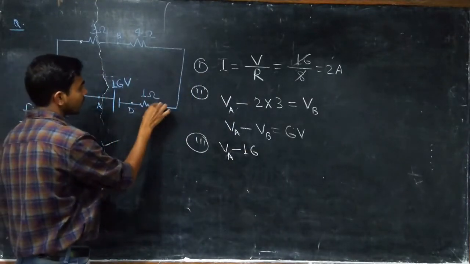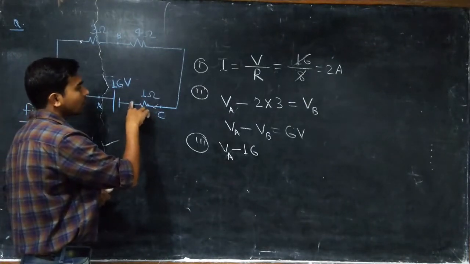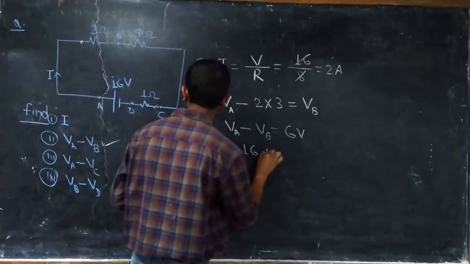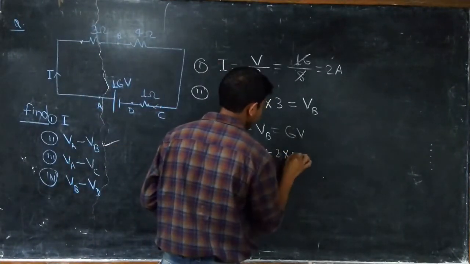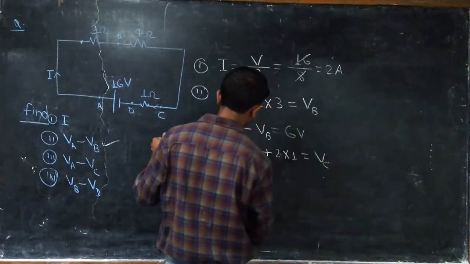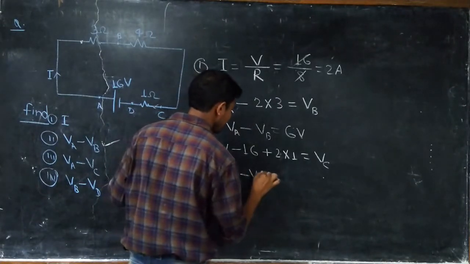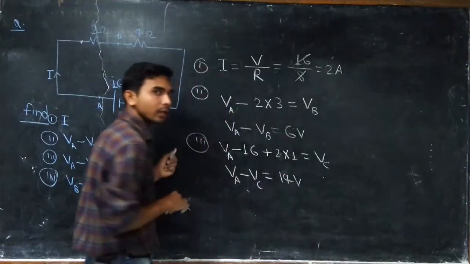And here current is going in this direction, so lower to higher, increasing. So we will take positive sign, with I into 2 into 1, is equal to potential at C. So further we can write VA minus VC is equal to 16 minus 2, that means 14 volts, right?